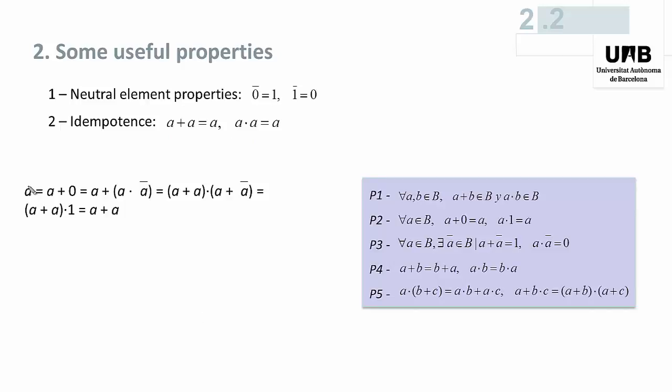We know that a is the same as a plus 0. It's postulate number 2. 0 can be replaced by a times not a. It's postulate number 3. Then we use the distributivity law and substitute a plus a times not a by a plus a times a plus not a.